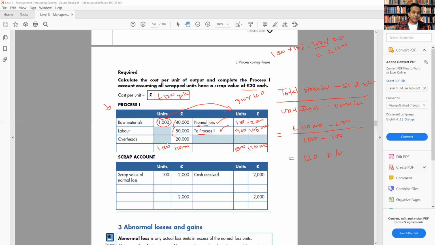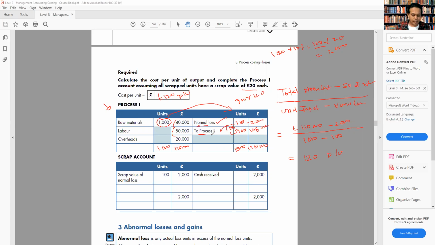So at the end, the debit side and the credit side have to be equal. The last time, if you remember, we never had any normal loss, but this time we have a normal loss. So the 1000 units have a breakdown now: 100 the normal loss and 900 the actual output.